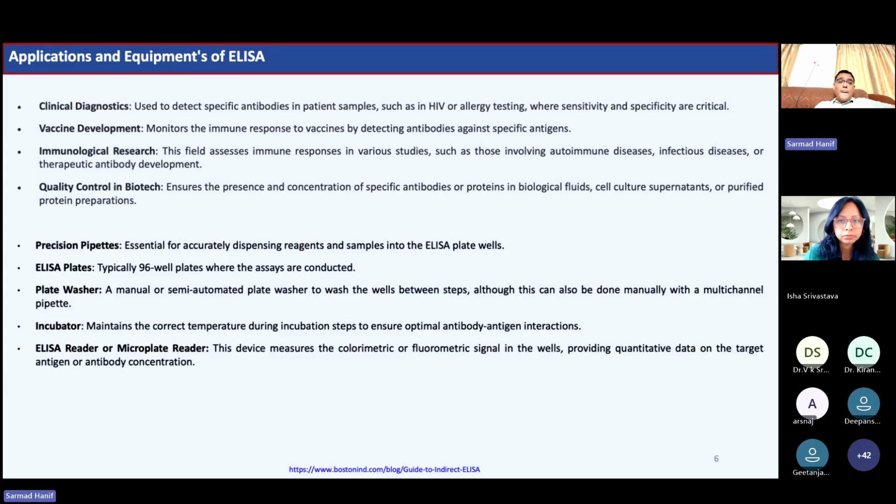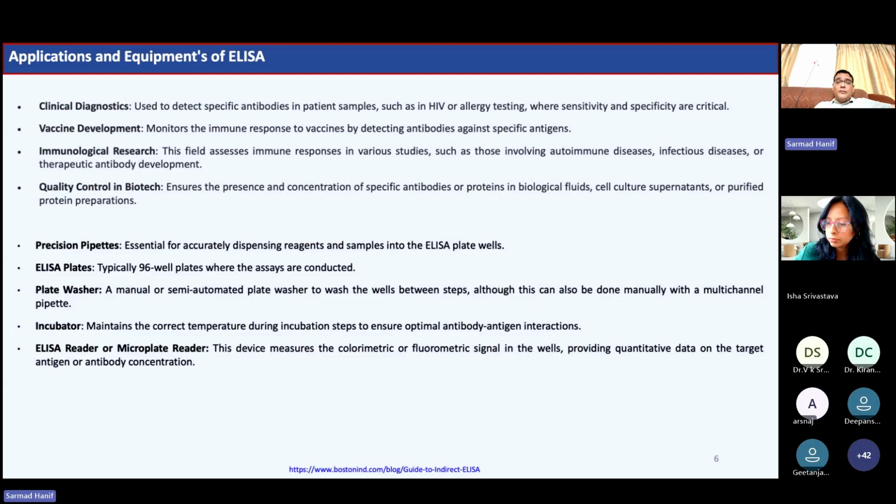Immune research, this is quite varied. The field assesses immune responses in various studies, such as those involving autoimmune diseases, infectious diseases, or therapeutic antibody development. So it can be used in therapeutics, infectious diseases, and autoimmune diseases. ELISA is applicable to so many different kinds of fields.